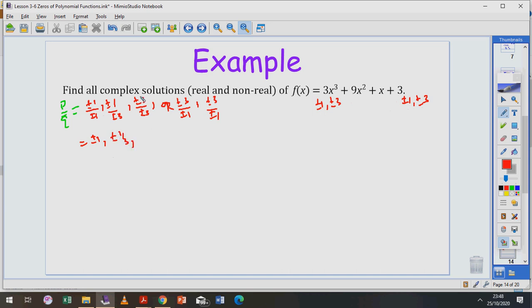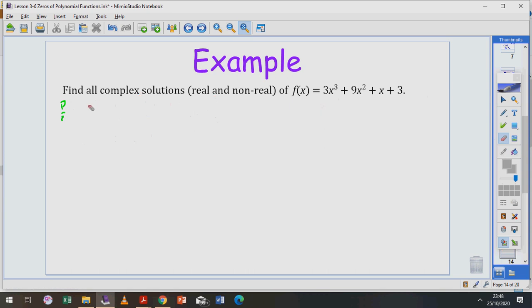I don't know what I was doing here. Plus or minus 1 divided by plus or minus 1 is plus or minus 1. Plus or minus 1 divided by plus or minus 3 is plus or minus 1/3. Plus or minus 3 divided by plus or minus 1 is plus or minus 3. What's happening here? Why am I confusing myself?